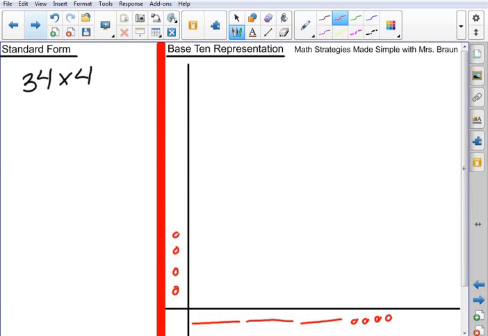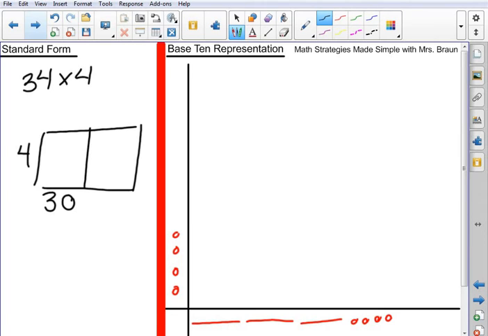So I'm going to be showing 4 equal groups of 34. Now over here with the box, I'm going to set it up. My factor along the side here is 4. If I split this into 10s and 1s, I've got 30 in my 10s, and I've got 4 in my 1s. So let's go ahead and draw out the product and see what we get.